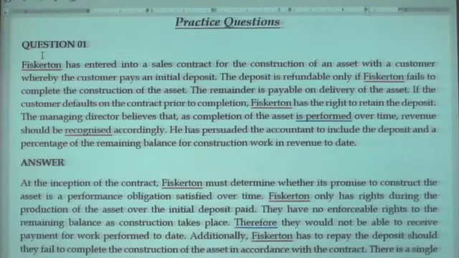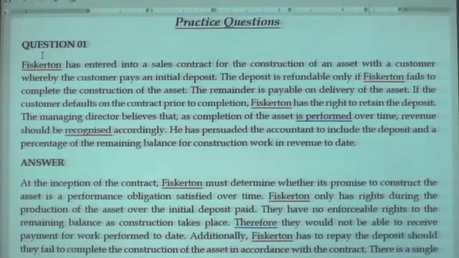The risk and reward of the constructed asset will not transfer until you complete the product, or until the customer pays in full, because if the customer defaulted, you will keep the advance fund with you. That means until the customer pays the full amount, risk and reward are not transferred to the customer. If the customer defaults, you will keep the asset with you.